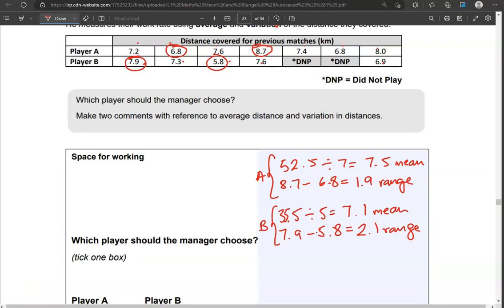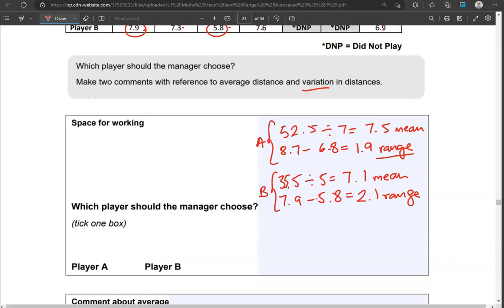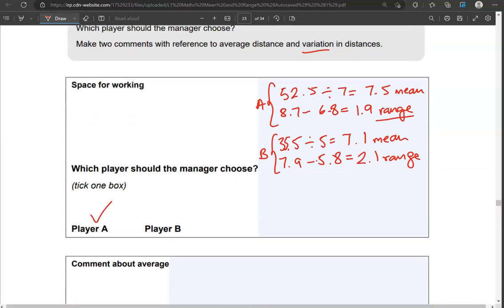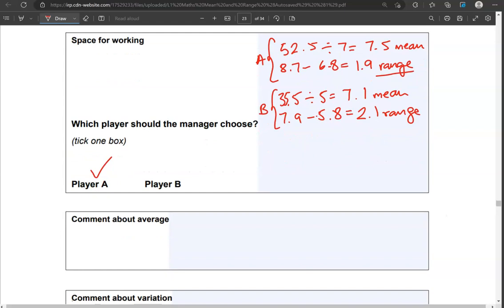So looking at player A, they have a higher mean and a lower range than player B, which means they're doing better on average and they are more consistent, because range means variation, so there is less variation. So we're going to pick player A. Comment about average: we're going to say player A has done better on average.